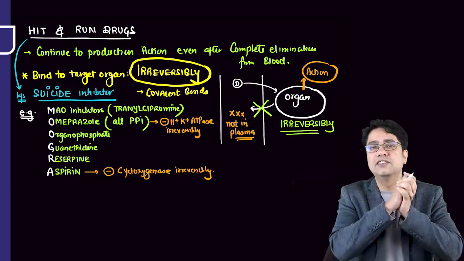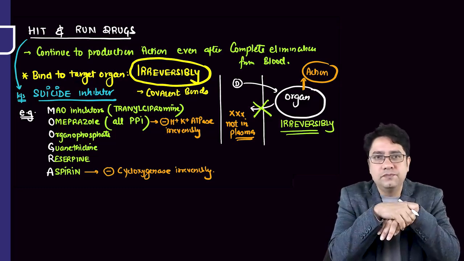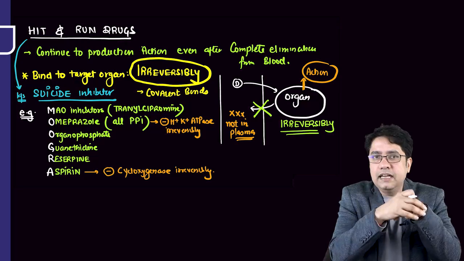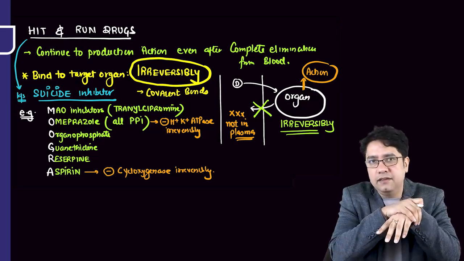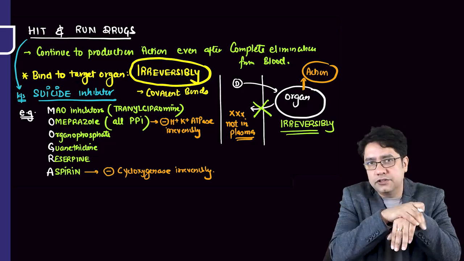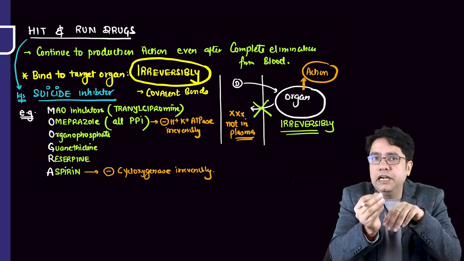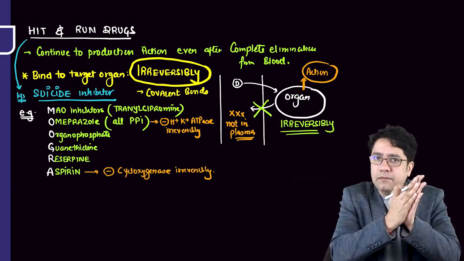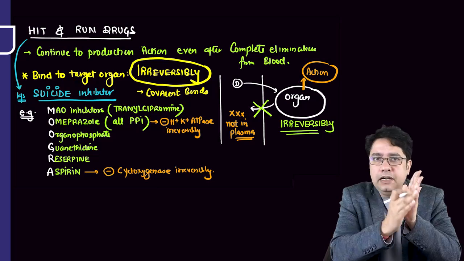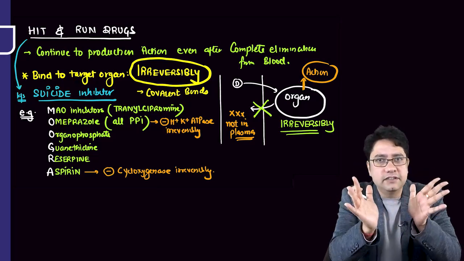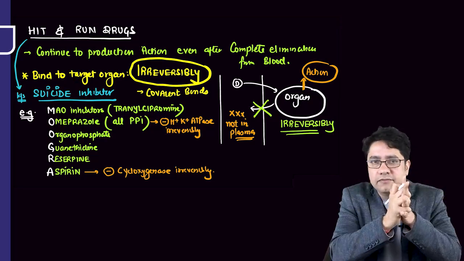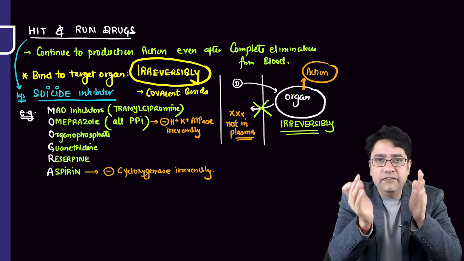Now, what is the importance of this point? Let me explain to you. If I say that the half-life of aspirin is just 2 hours, can you tell me in how much time it will be completely eliminated? Half-life in plasma is 2 hours. Multiplied by 5, 10 hours. That is 5 half-lives.